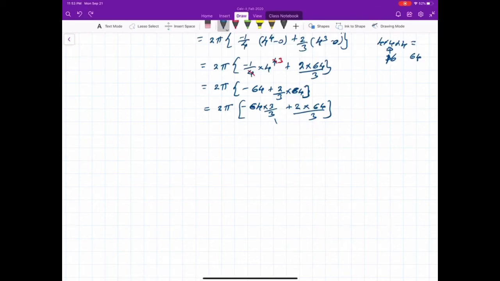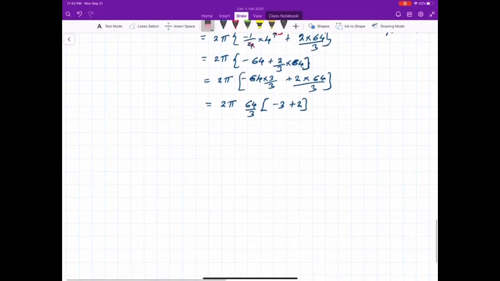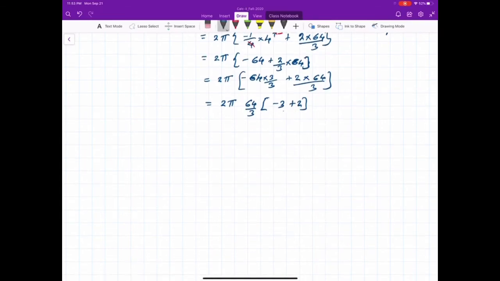So I write 2 pi, I take 3 as the common denominator, and this is 64. I can take 64 out, and then here it will be minus 3, here this will be plus 2. What I am doing is taking 64 over 3 out of both, and then this is what I get in the other part.